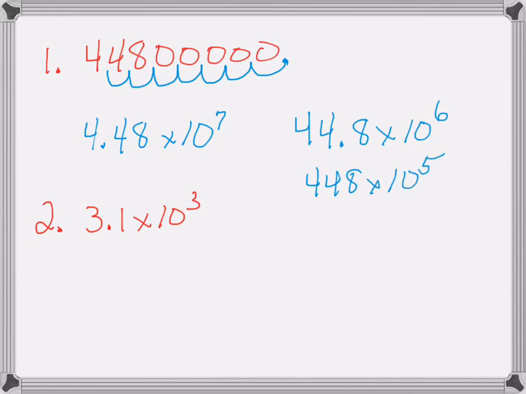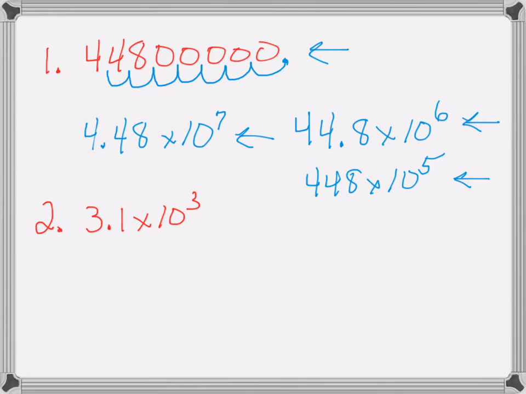So this number, this number, this number, and this number all represent the same thing. So there's multiple ways to do scientific notation. And so when you're answering questions on that, if you do it one way and it's not getting you the answer you want, try moving the decimal point over a different number of places, and you'll eventually figure it out. So let's go to the second one here.